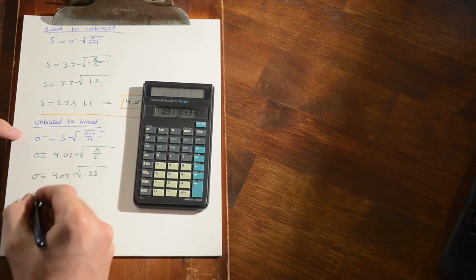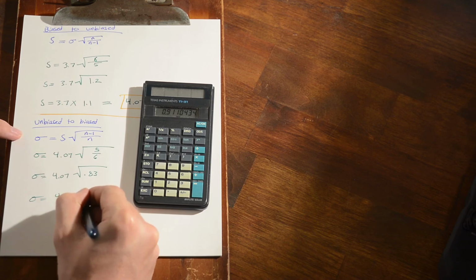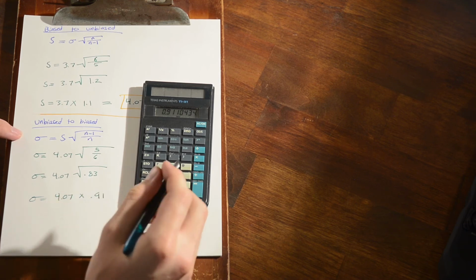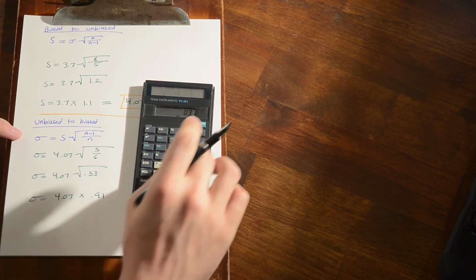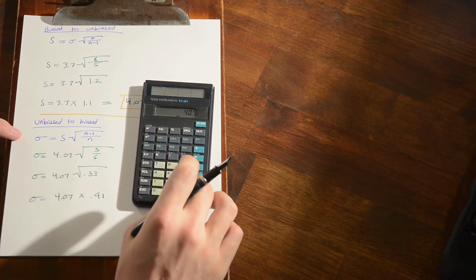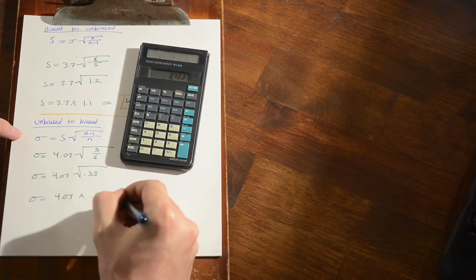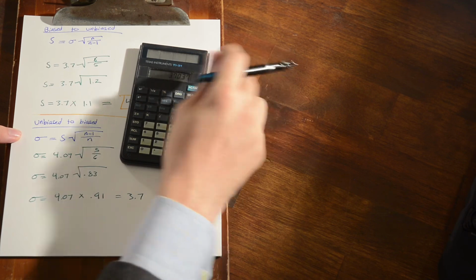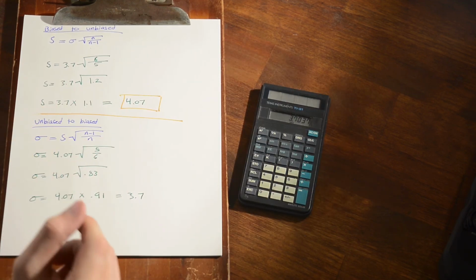Just going to give us sigma is equal to 4.07 times 0.91, and none of those are high enough to round, so we leave it there. So we're going to have 0.91 times 4.07 is equal to 3.7037. And none of those are high enough to round, so we end up with the 3.7 we had at the beginning. So let's go ahead and pull that out.